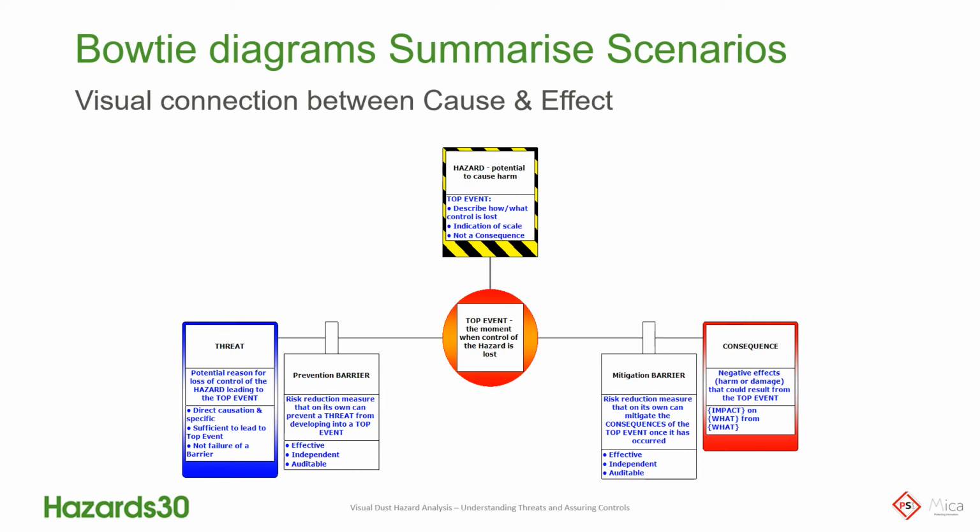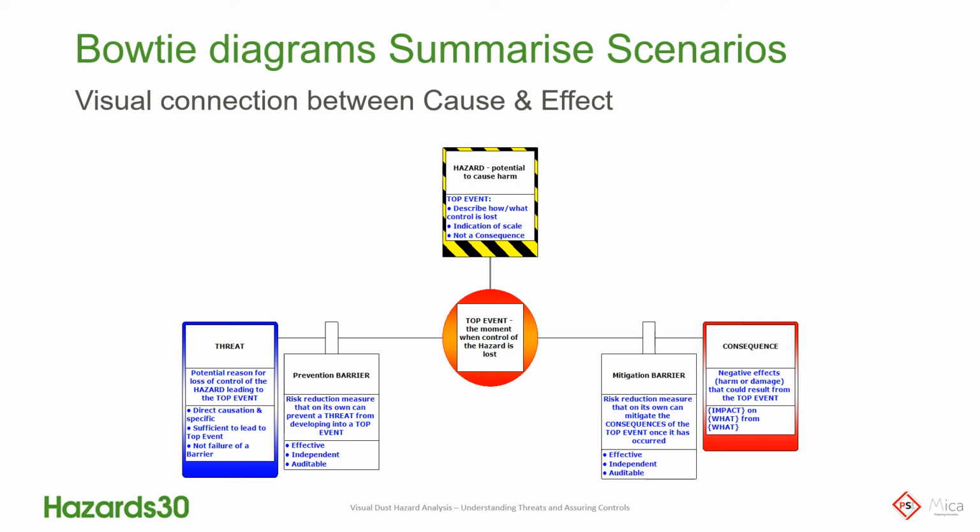We accommodate the hazard because that makes us money. If we're a brewer or a distiller, we need grain to make the product, but grain has the potential for fire, flash fire, or explosion. So we deal with the hazard. But when we lose control or containment of the hazard, it can lead to consequences, impact on personnel, the environment, the assets, for example.